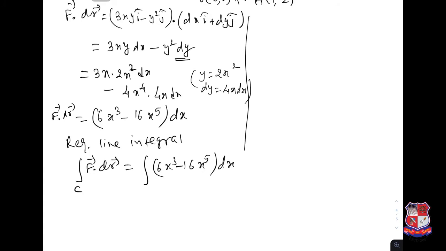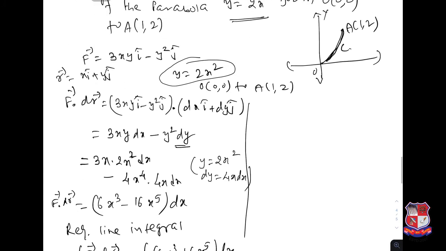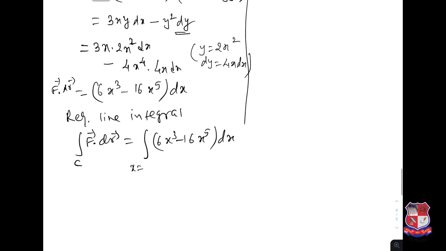Now the limit is of variable x, so that is not difficult. See, here the curve is from origin (0, 0) to (1, 2). So x is 0 here and 1 here. So x is 0 to 1, and integrate and then solve.